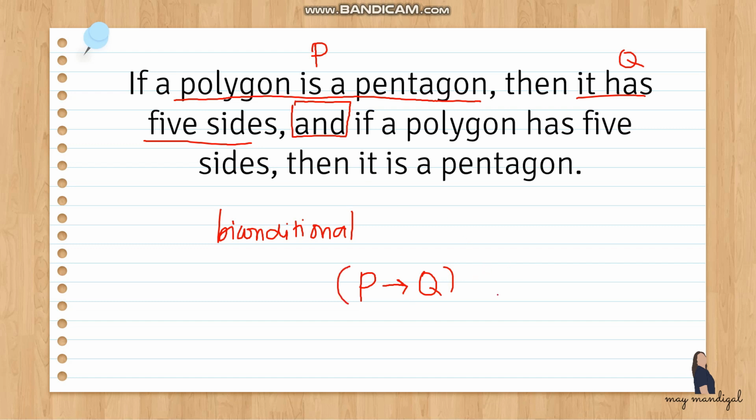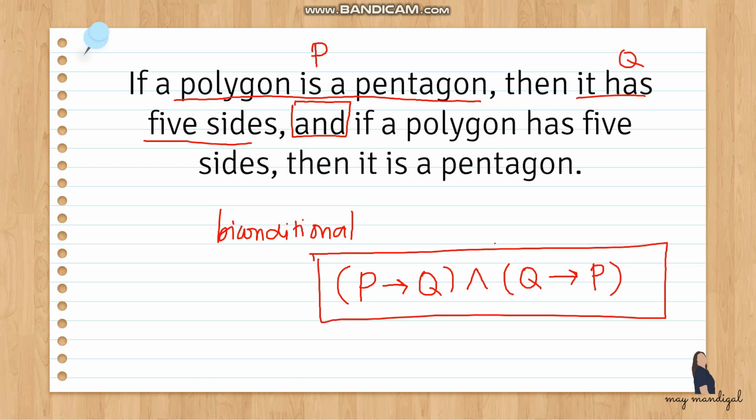Then for and, we use the inverted V. If a polygon has 5 sides, so that is Q. So if Q, then it is a pentagon. So polygon is a pentagon, so we have P. So this is now the propositional form of the given statement using the variables or the letters P and Q.